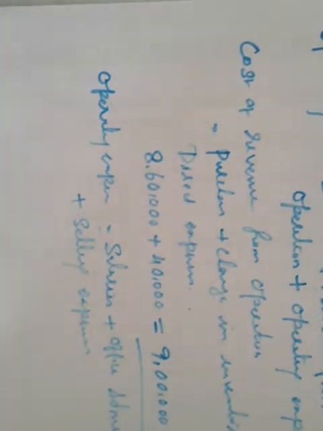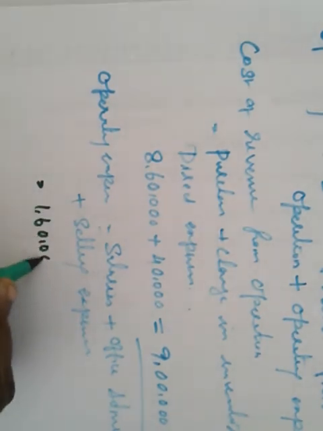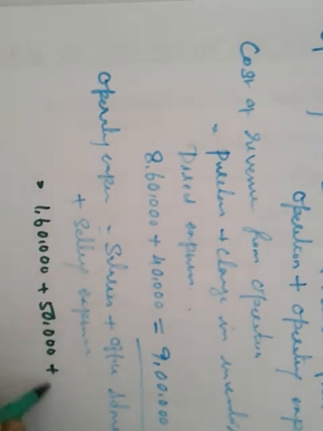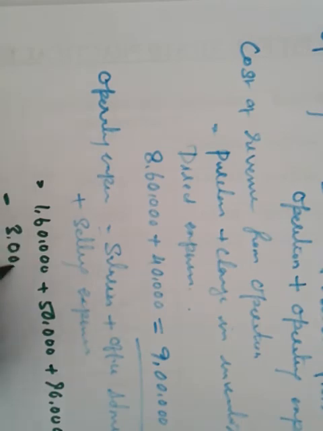Now we have to write all this amount. The value 1,60,000, then 50,000, then 90,000. If you add all this, we get 3 lakhs.